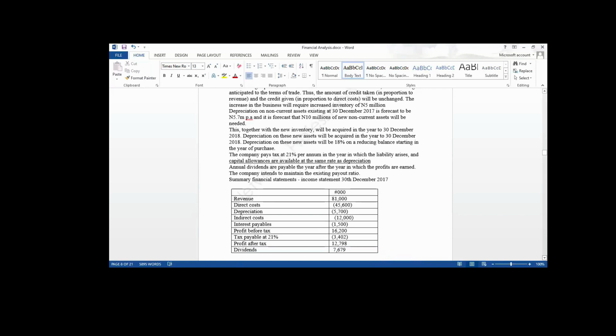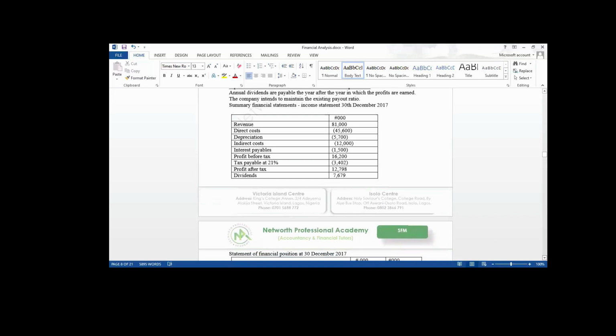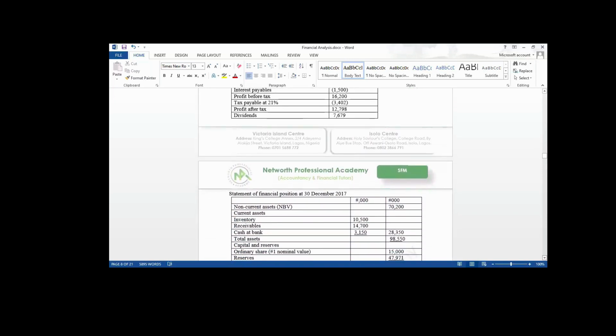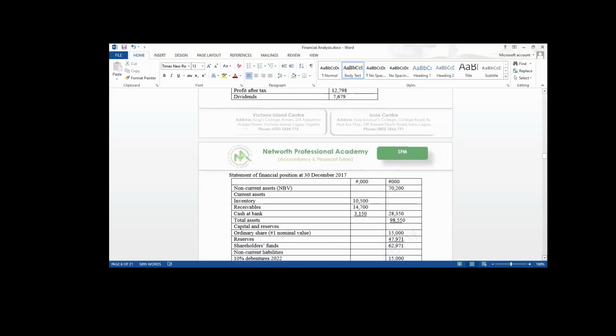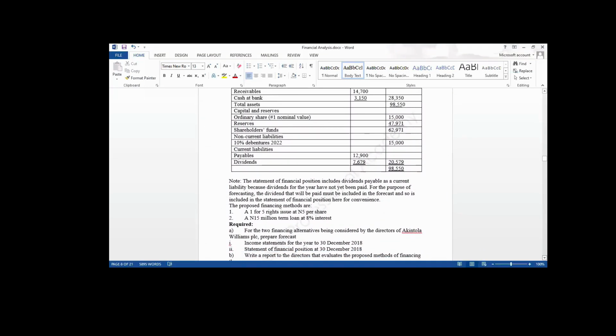Summary financial statements. The income statement for 2017. Statement of financial position for 2017 is also given. Notes. The statement of financial position includes dividend payables as a current liability because dividend for the year has not yet been paid.